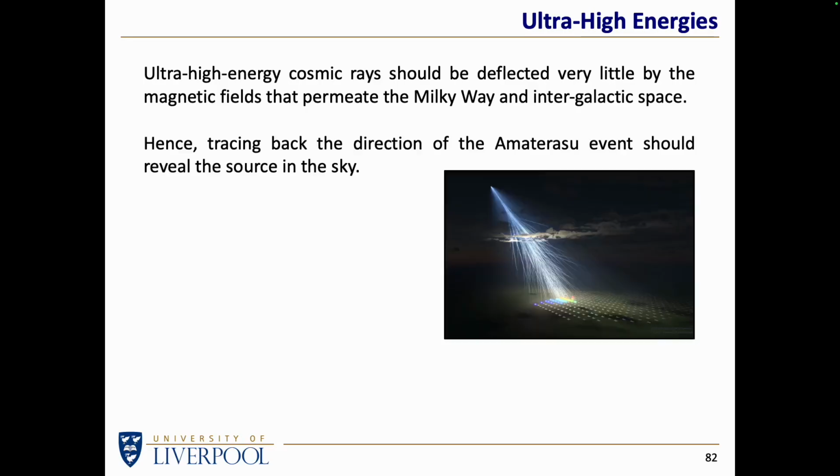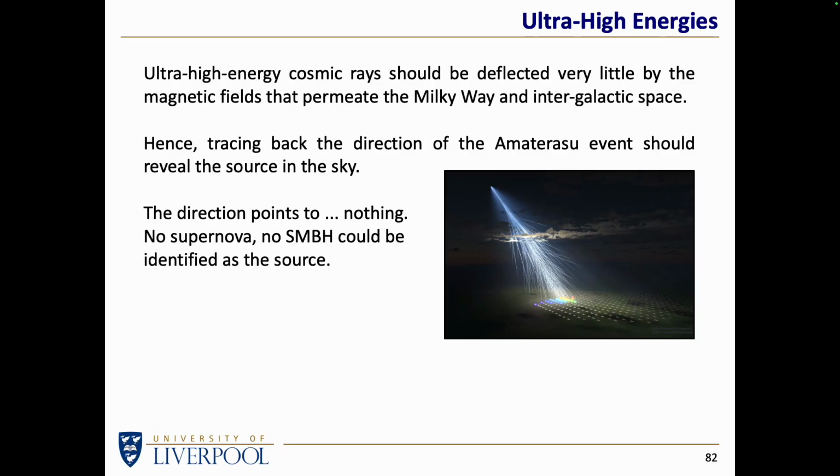So what happened? They worked out the geometry of the Amaterasu event, and they said, right, let's work out the geometry, and we know the timing. So they pointed back along this line, and what they found was it points to, pause for dramatic effect, it points to nothing.